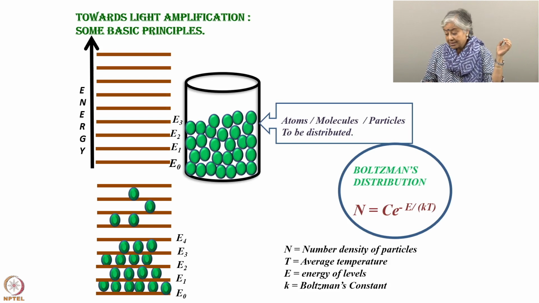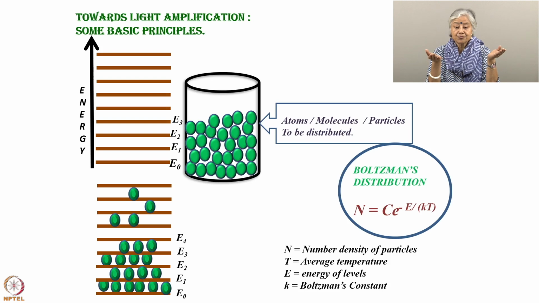Now, mathematically you should have something exact. What is called is the Boltzmann's distribution. Boltzmann is the one who described how these particles will be distributed in all these energy levels. Obviously, the distribution will depend on the temperature, the average temperature. It will depend on the exact energy level state, so basically we are looking for the number density of particles n.